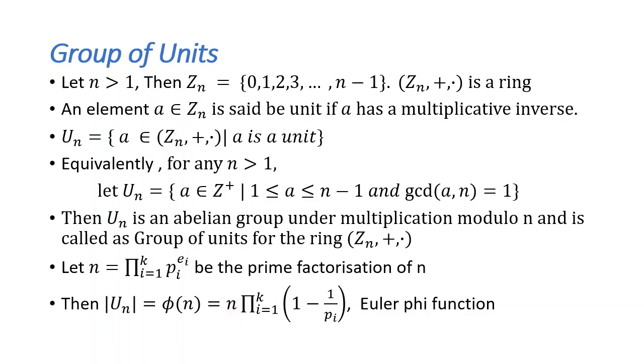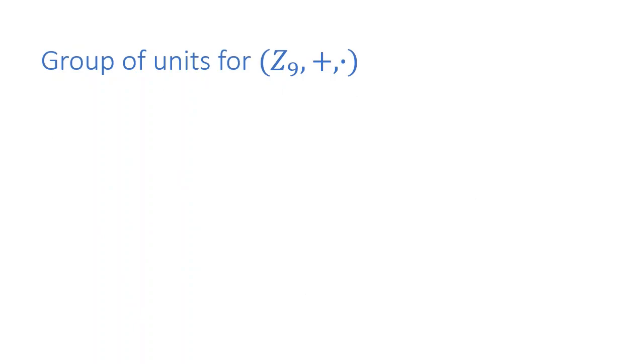Let us see it in a particular example. Consider the ring of integers Z9, plus, dot. Z9 is equal to 0, 1, 2, 3, up to 8, that is n minus 1, which is 9 minus 1, 8.